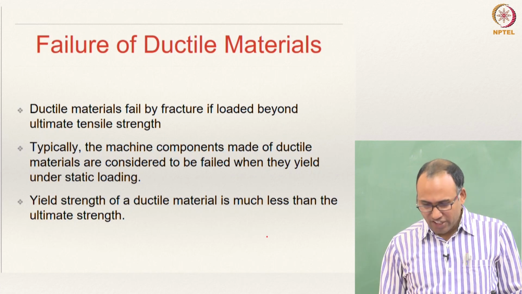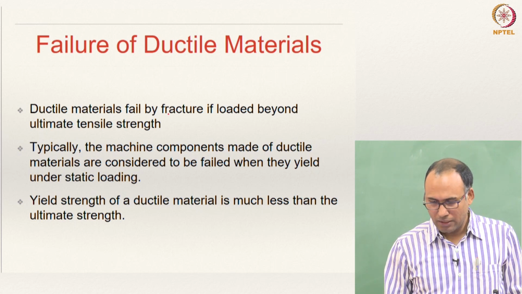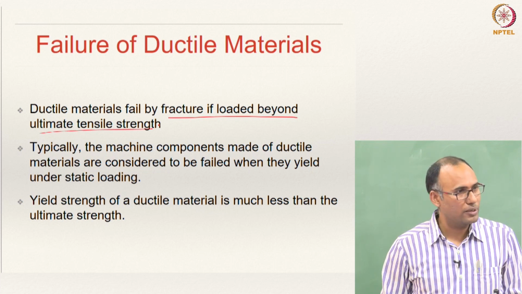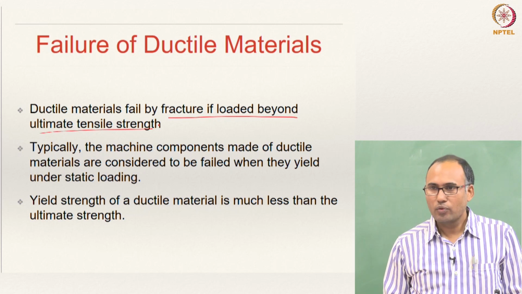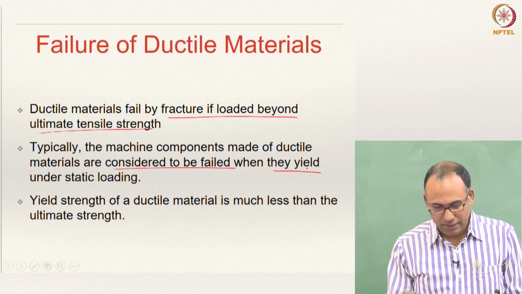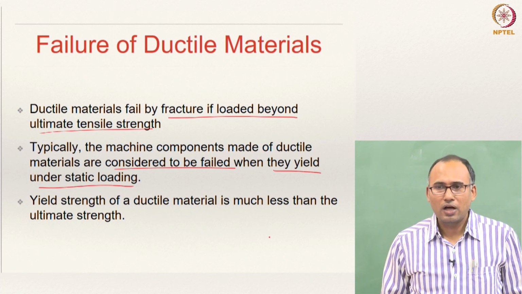And so, as we have already mentioned several times, ductile materials fail by fracture if loaded beyond ultimate tensile strength. Until then they won't fail by fracture, but when we are designing, we will not go up to there. We consider them to be failed when they yield under static loading. Why is this important for ductile materials?